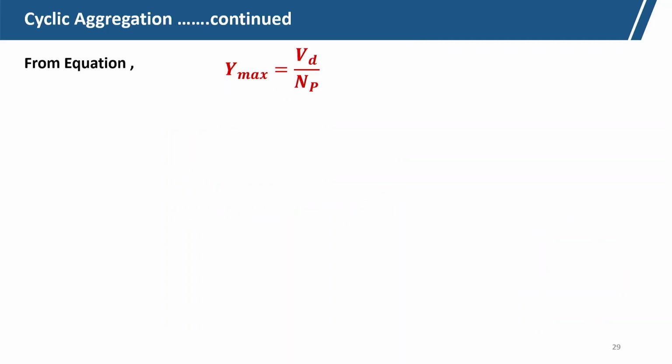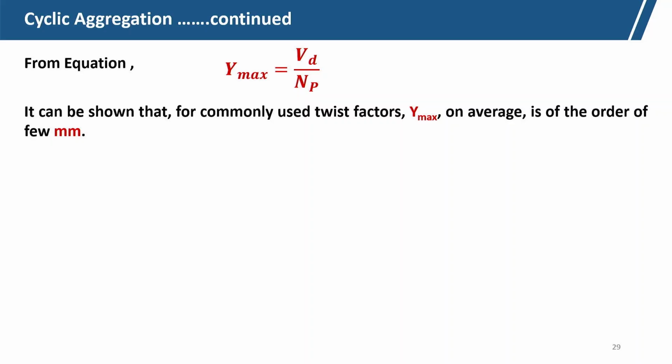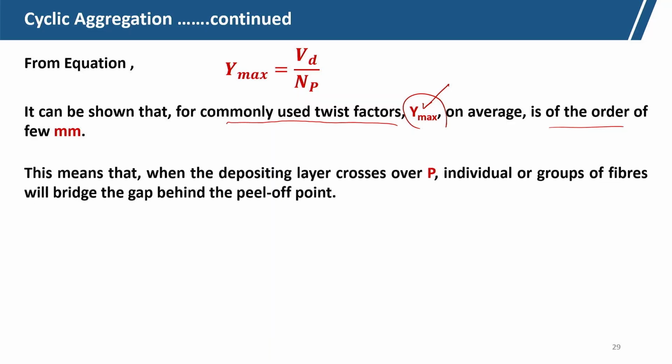From the equation Y max equals V d by N p, where N p is the RPM of the peel off point, it can be shown that the commonly used twist Y max, in order to form the yarn, will be a few millimeters for a common twist factor.